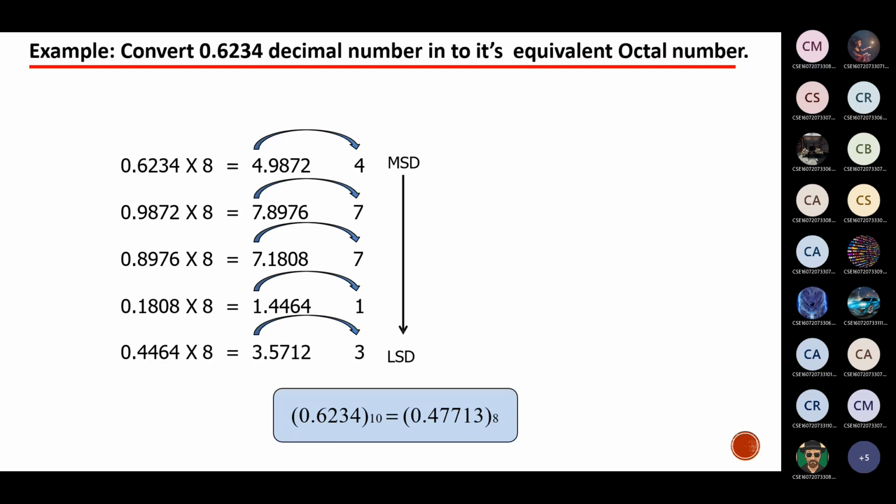Yes, sir. What's the result? Sir, 0.47713. 4771. Okay. Correct. So simply you need to multiply it with 8 and after noting down the value, revert it back to 0. Same as the binary thing which we did.